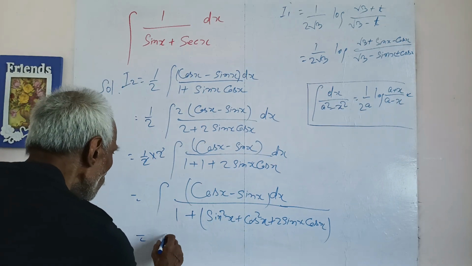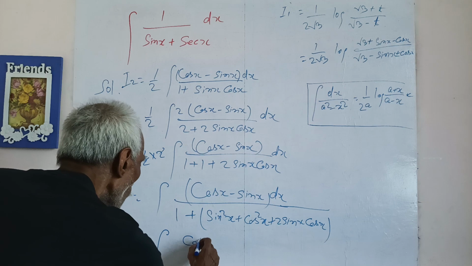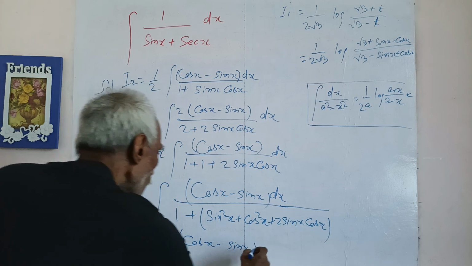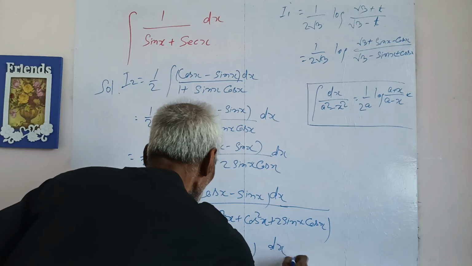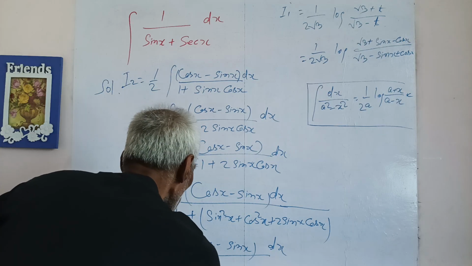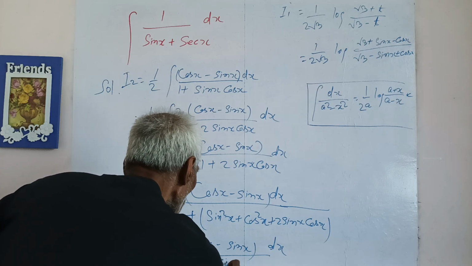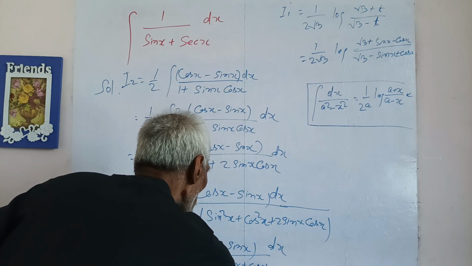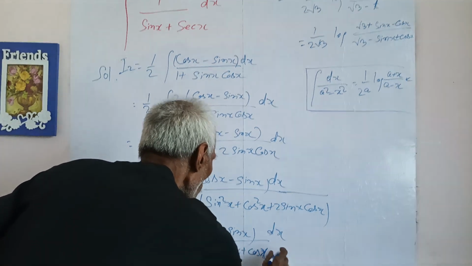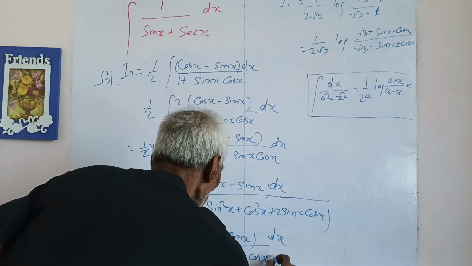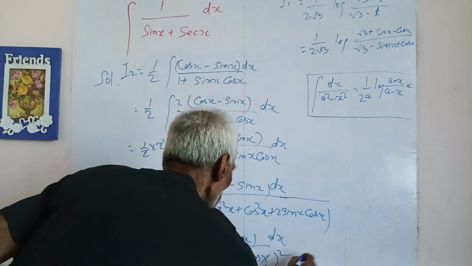This is equal to cos x minus sin x dx by 1 plus sin x plus cos x whole square.